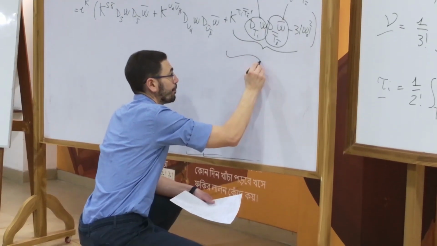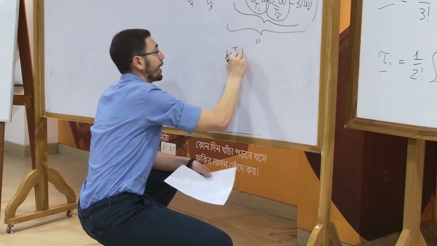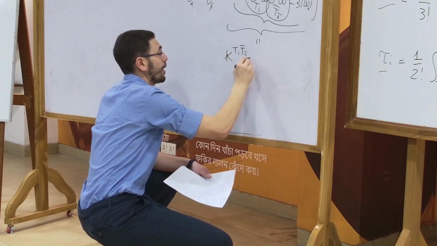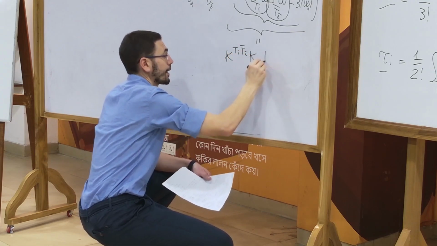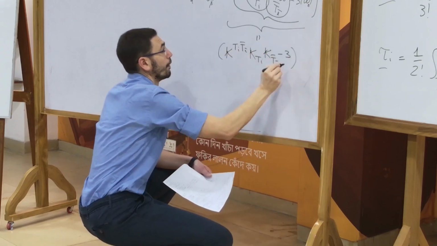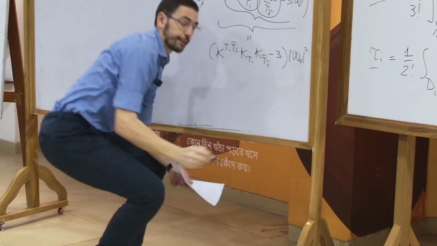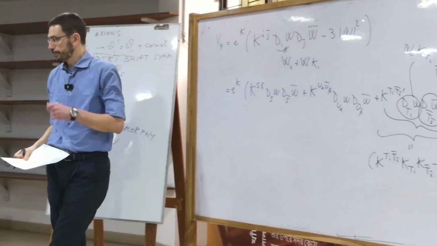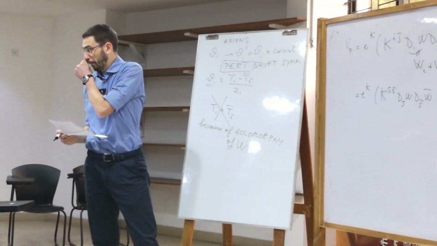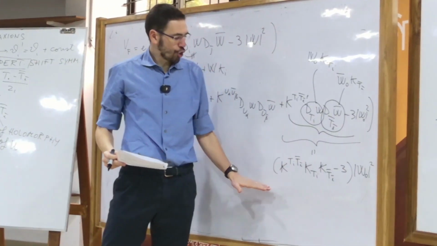So this part, I can write it down as k t_i, k t bar I bar, k t_i k t bar I bar minus 3 times w0 squared. Now, this is something that you can check at home.